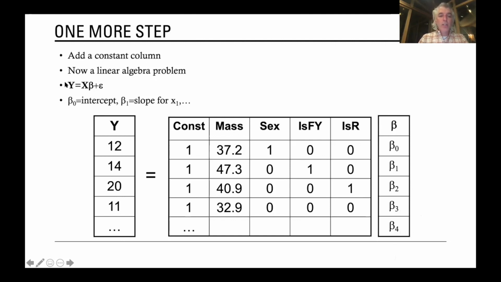So in matrix notation, this vector y is equal to this matrix X, defining all of the relationships of our predictors, multiplied by a vector of parameters called beta, plus our unexplained variation epsilon.